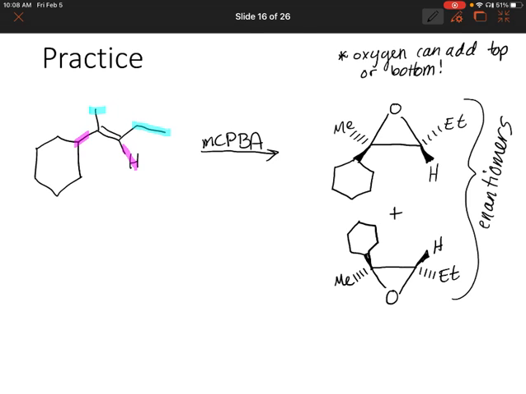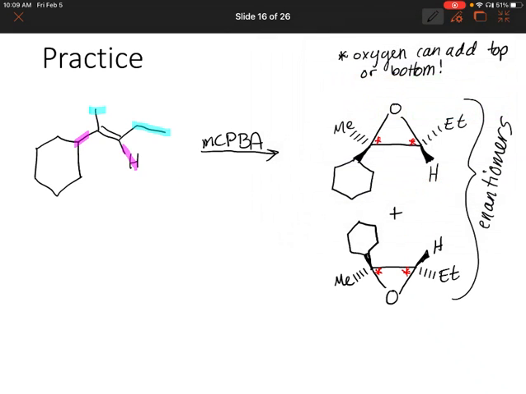So both stereocenters, the left and right hand carbons, changed when the oxygen flipped from top to bottom. So with both stereocenters being different, that means we have enantiomers.